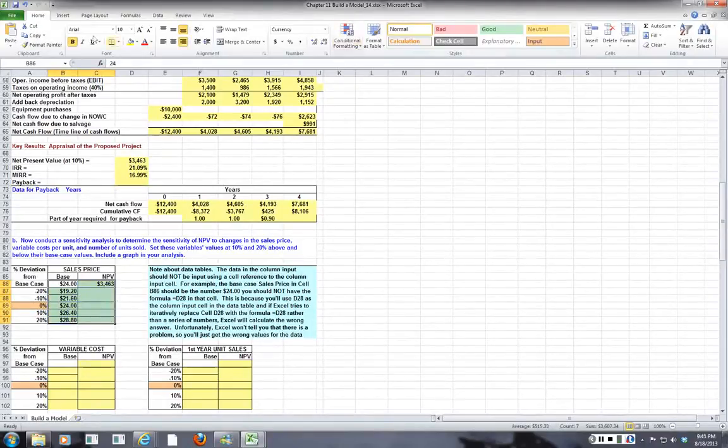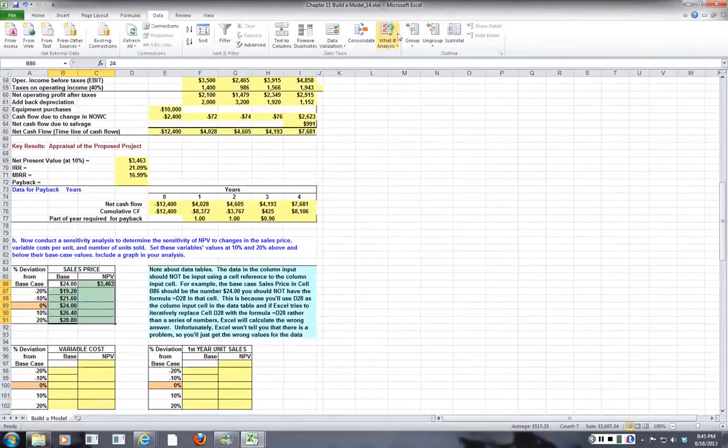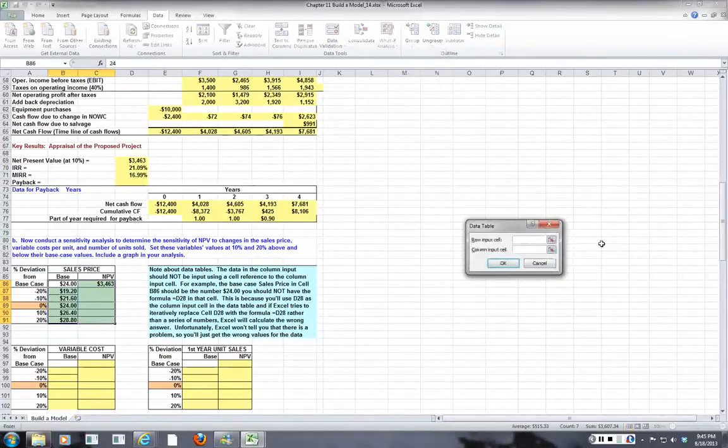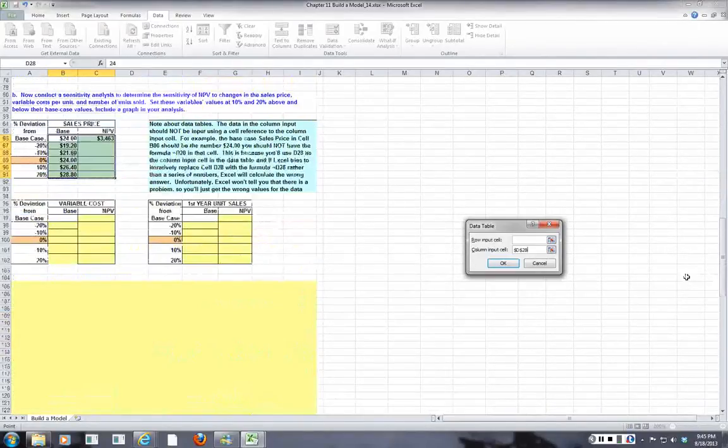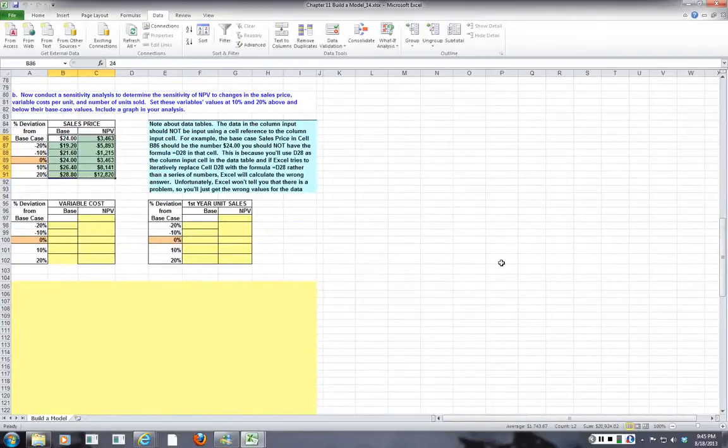So to find that out, we are going to click Data and the what if analysis, get the data table, and go up here, and so if we put that data table and we put $24 in there, and then we click, and voila, we get what it says is if the sales price went down 20%, the net present value would go from $3,463 to a minus $5,893.